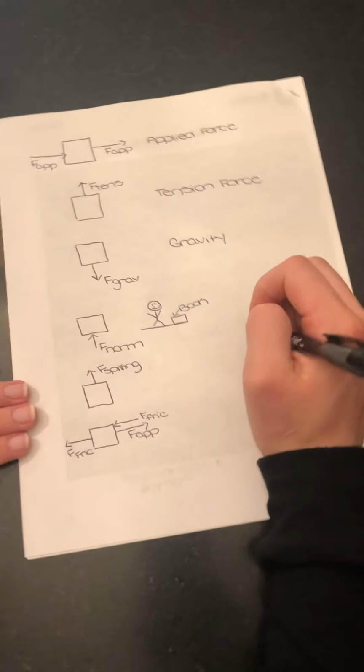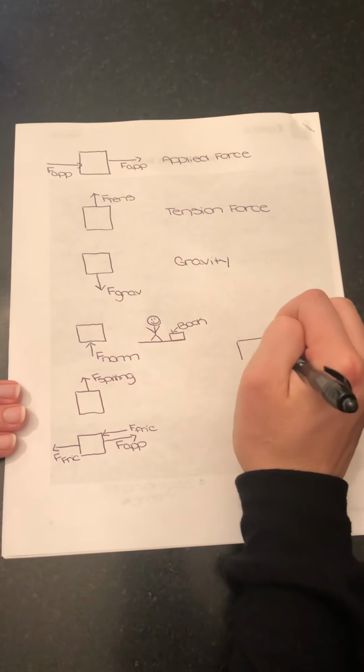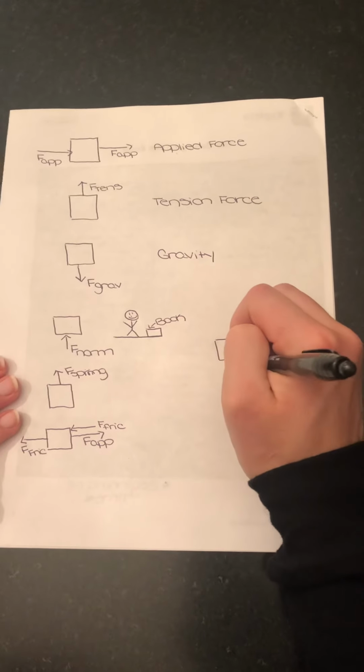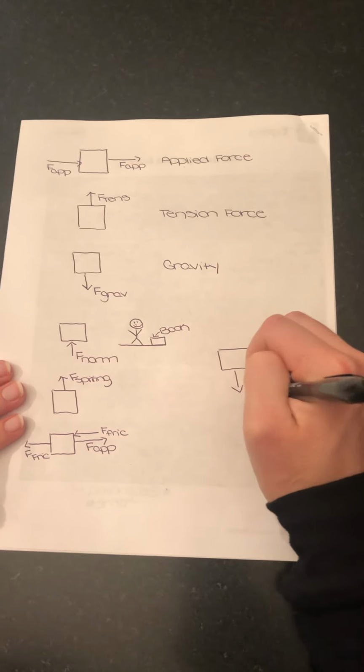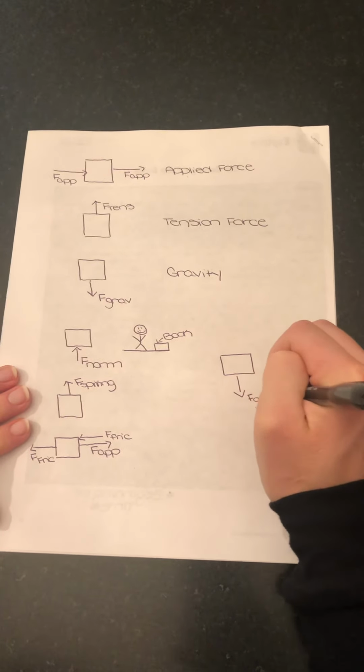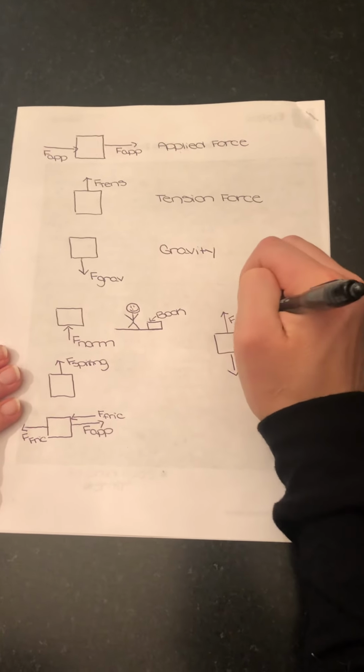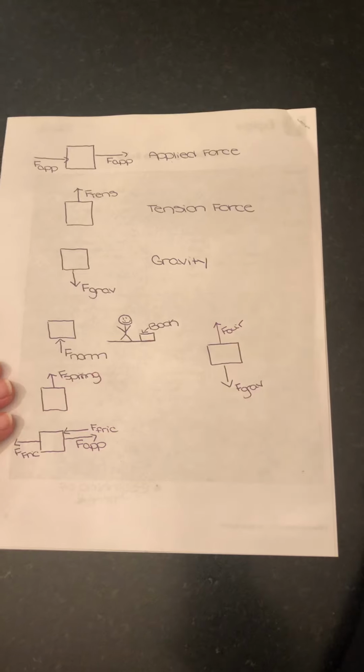And then just another one I forgot is air resistance. So a lot of times that's going to be an object that's falling. So for example, if this is a piece of paper and gravity is pulling it down to earth, air resistance is going to be working in the opposite direction.